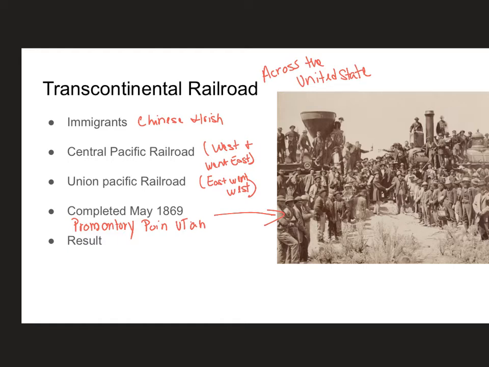Some important information to know about the railroad is that there was a huge increase in the population of the West because now it was so much easier to get there. So it made settling in the West much more desirable.